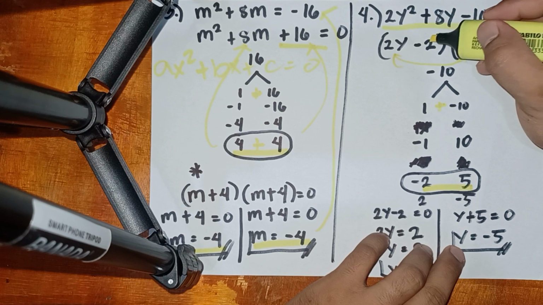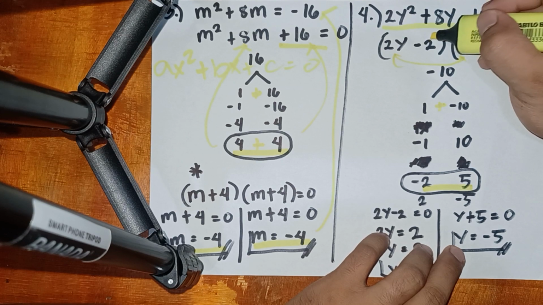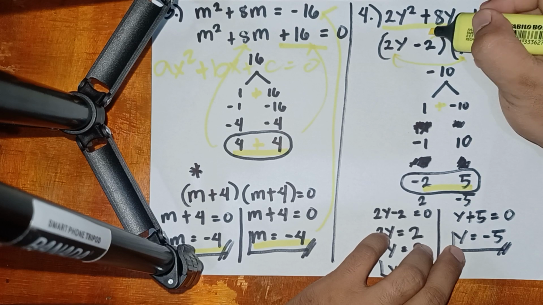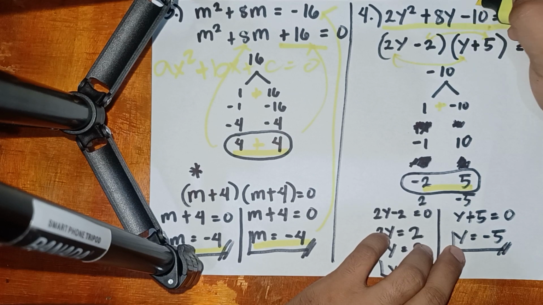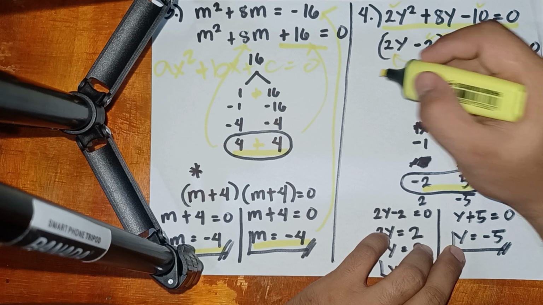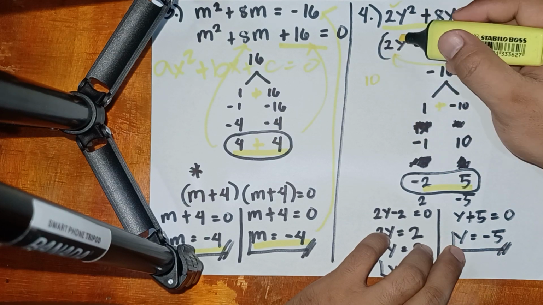Next, negative 2 times 5, that would be negative 10. Check.